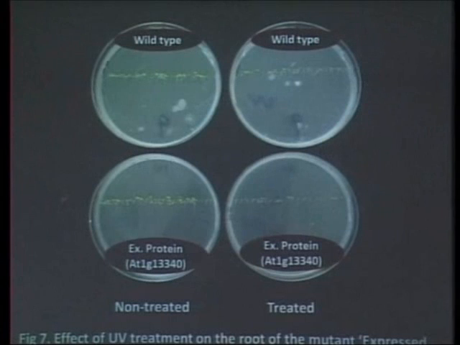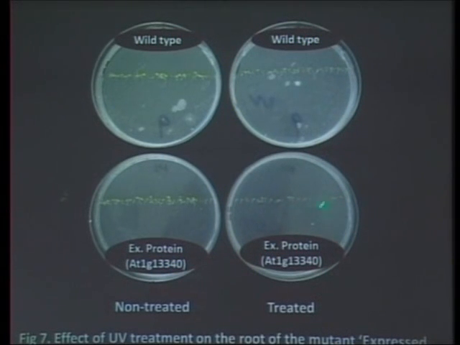This is the mutant expressed protein which was not treated with UV light. We can see here luxurious growth of roots in normal condition, and so does the wild type when not treated with UV light. But on treating the mutant and the wild type with UV light, we found much more reduction in root length.